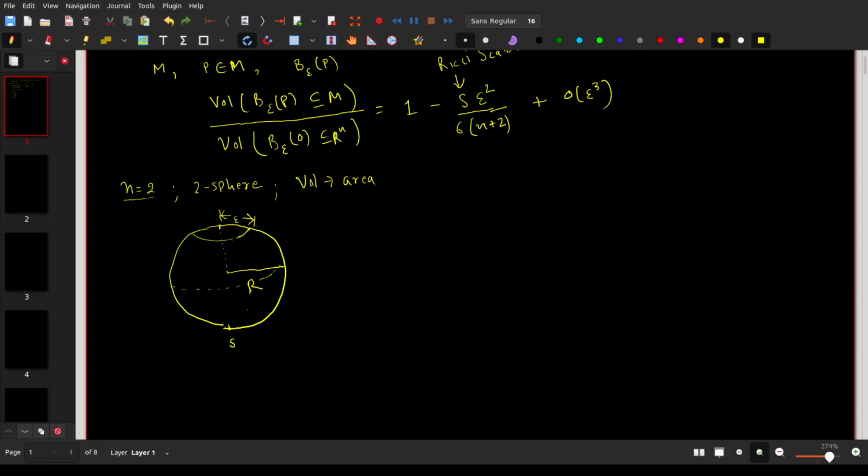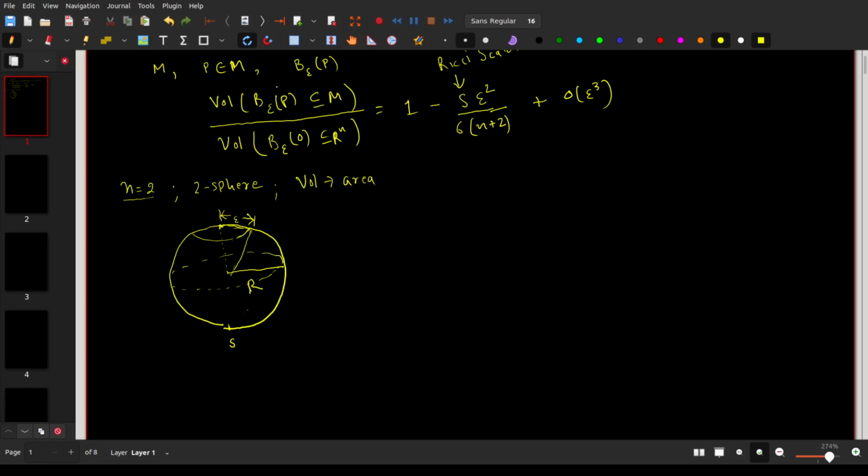This is our two-dimensional sphere, and at the North Pole we are taking a disk of radius epsilon. Radius of this sphere is capital R, and this epsilon is the radius of the disk which we are taking to be centered at the North Pole.